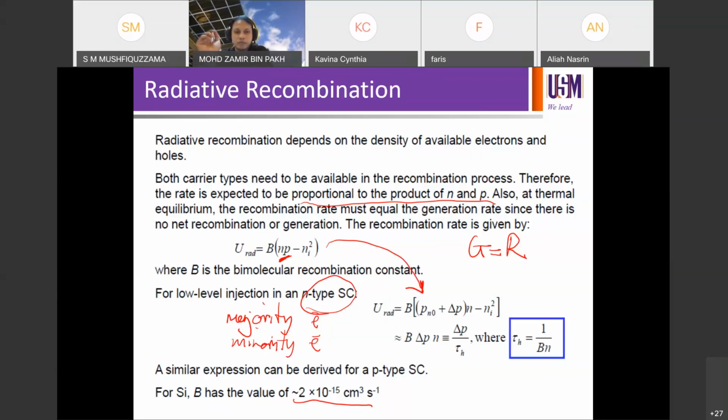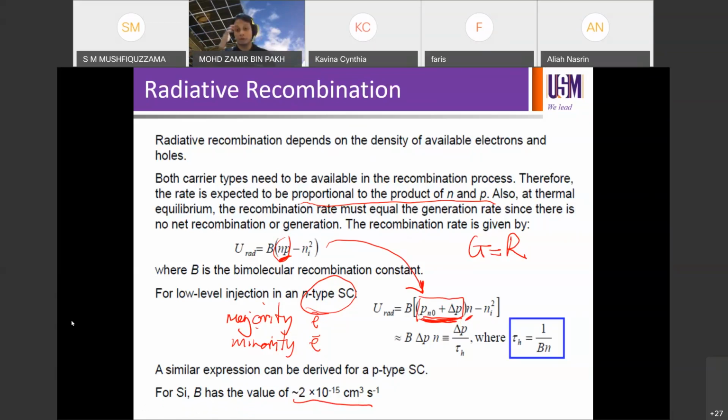So you still have to use B and the np minus ni squared bracket, but the np here is expanded, where you use the very same value of n, but your p is expanded into p_n0 plus delta p, okay? p_n0 is the minority hole concentration in n-type material at thermal equilibrium. Remember last time we discussed p_n0. You have to mention three facts when you talk about p_n0 or n_p0.